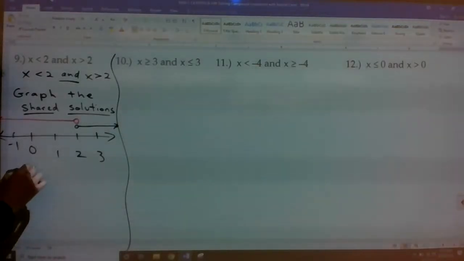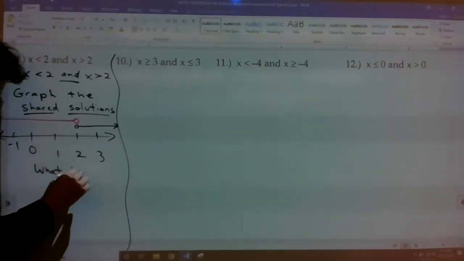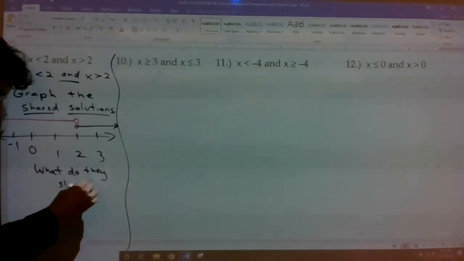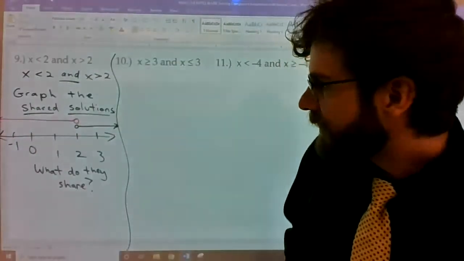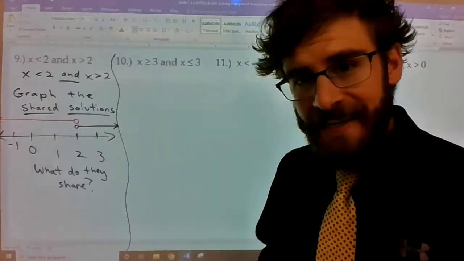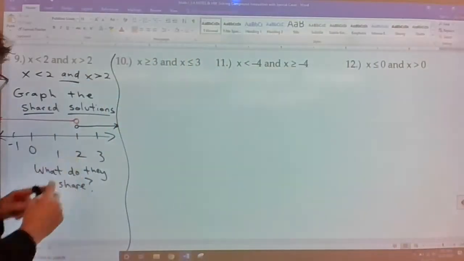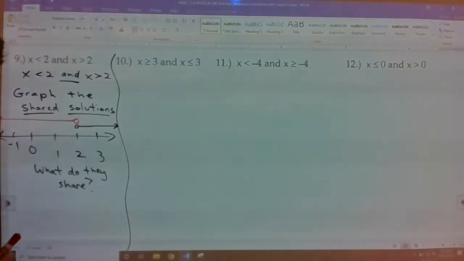So, what do they share? Well, the only place where I see red and black overlapping is maybe at 2. But we have open circles both at 2.